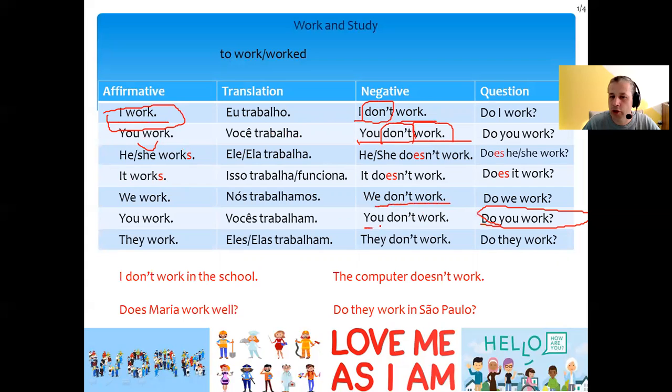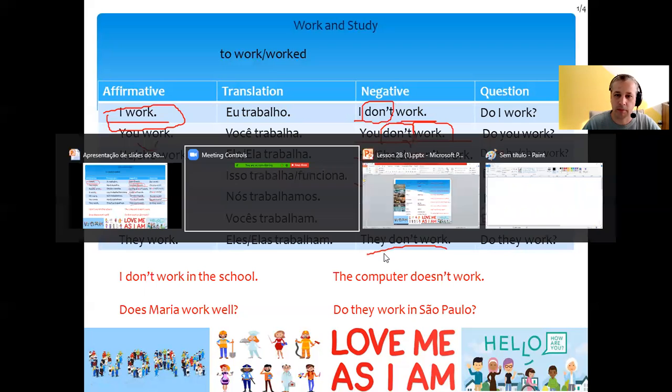We don't work, you don't work, they don't work. What is the exception, guys? These two here. He, she, it. Exceção, esses dois aqui. Ele, ela, isso, aquilo. Em vez de don't, usaremos doesn't. Mas antes do verbo. He doesn't work. It doesn't work.